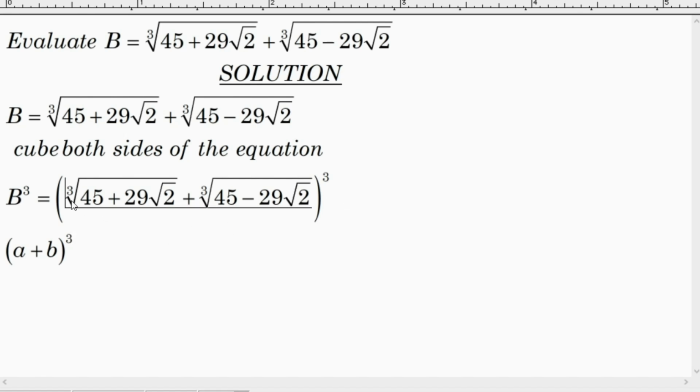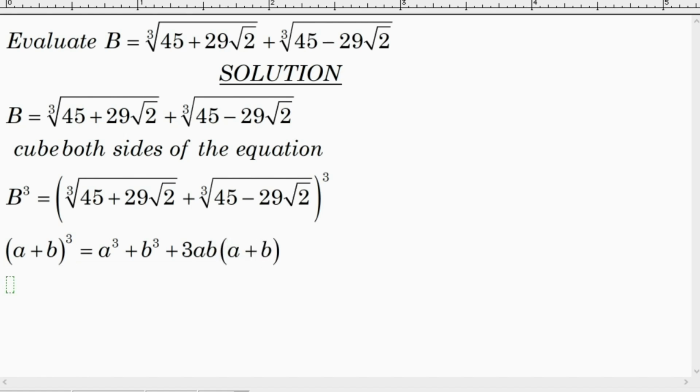So let's say this term stands for a and this term stands for b, and we expand it by following the formula: (a plus b) cubed is equal to a cubed plus b cubed plus 3ab times (a plus b).